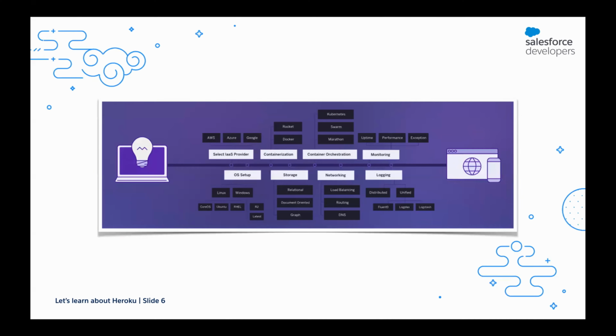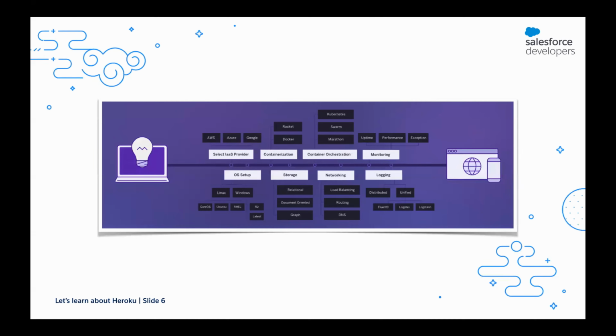Then I will need to make other decisions on top of that. Am I going to use containers? If it is containers, am I using Rocket, am I using Docker, or do I need to set up an orchestration layer using Kubernetes or Swarm? So there are a lot of different things that can be super overwhelming to us as developers.